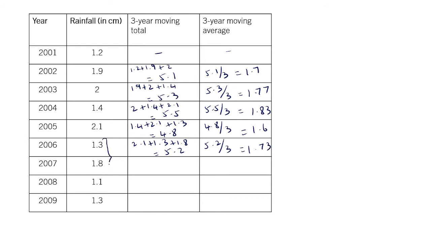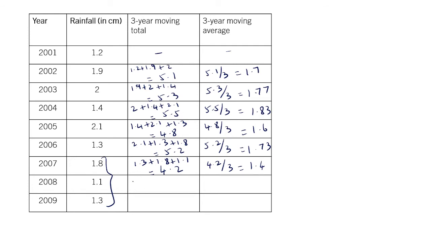And then we have the next 3-year moving total: 1.3 plus 1.8 plus 1.1. So it is 4.2. And the corresponding 3-year moving average is 4.2 by 3. It is 1.4. And then we have completed. We have covered the last year now.